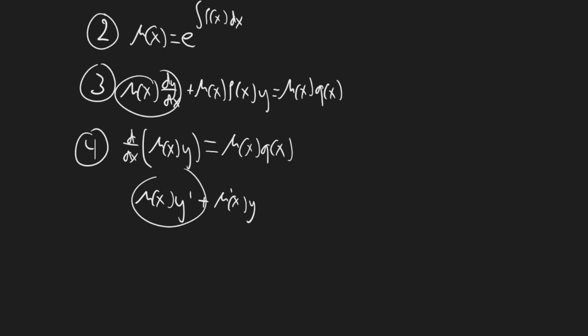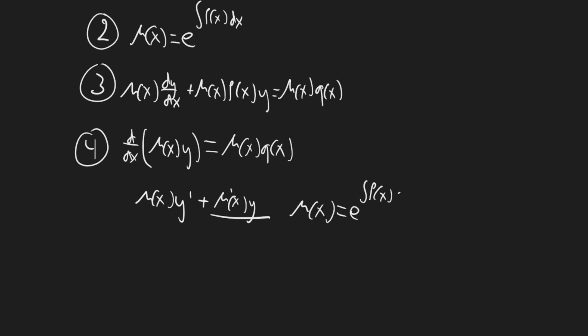The other term on the left is mu of x p of x y, but the product rule gives us mu prime of x times y. Remember how we said mu of x equals e to the integral p of x dx? If you took the derivative of that, it would bring the p of x down, and you would still be left with mu of x, because when you take the derivative of an exponential, the exponential always remains.